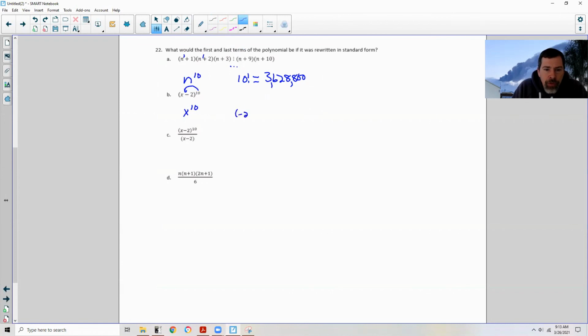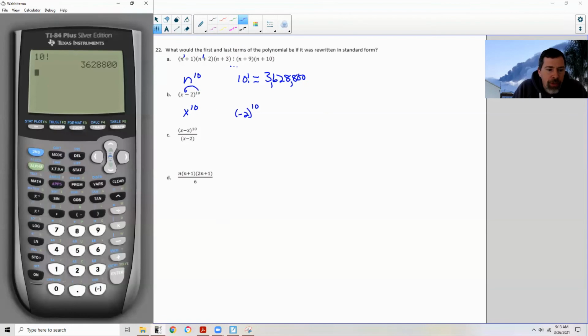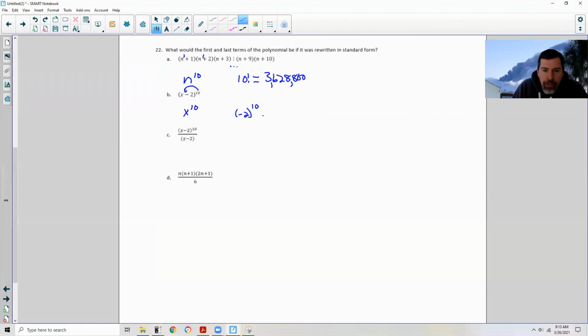So negative 2 to the 10th power, 2 times 2 times 2 times 2 times 2. And negative doesn't matter because the power is even, so it will be a positive number. And I get 1024. So that would be my last term, but if I wanted to say it, it'd be 1024. Negative 2 to the 10th.